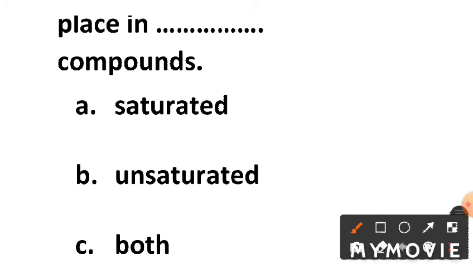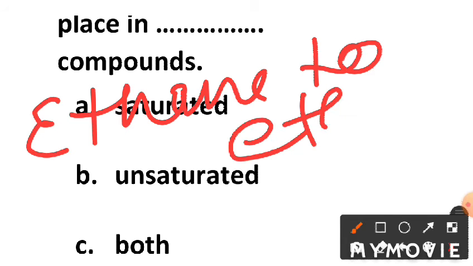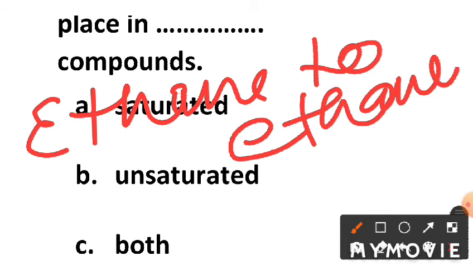Here, ethene converts to ethane. We know that a catalyst is used in this reaction.